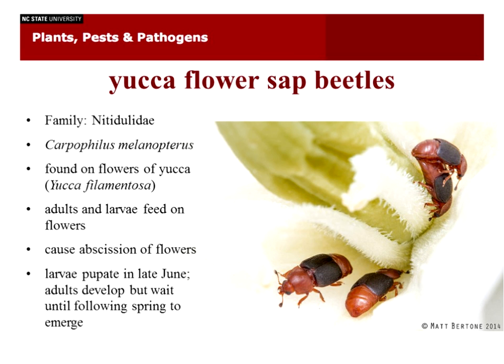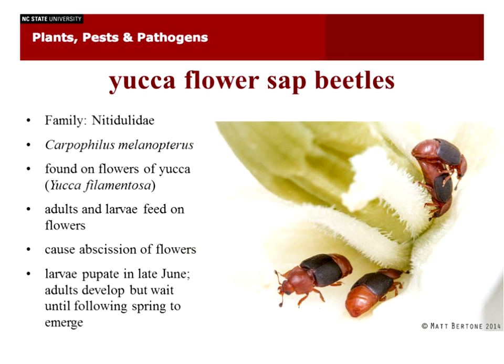And basically on a given yucca plant, you'll get some flowers that will be fed on by these yucca sap beetles, whereas others will be fed on by the yucca moths. And so the ones with the seeds will develop and be benefited by the yucca moths, whereas the ones that don't develop will be fed on by these sap beetles.